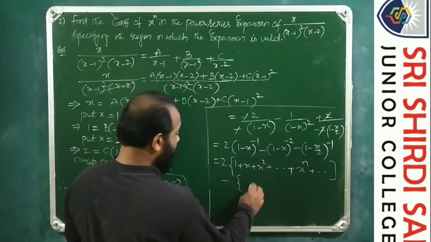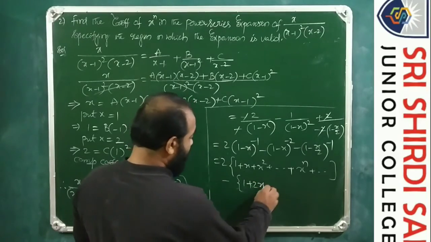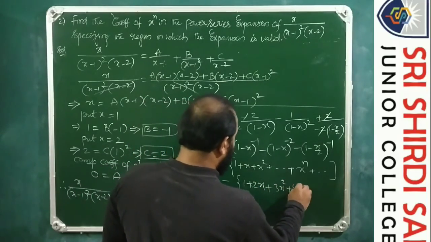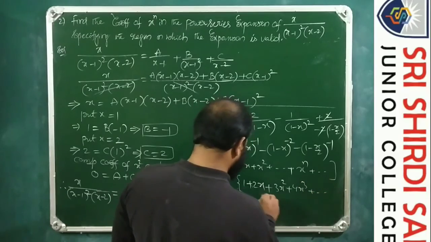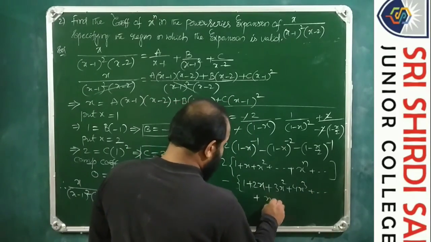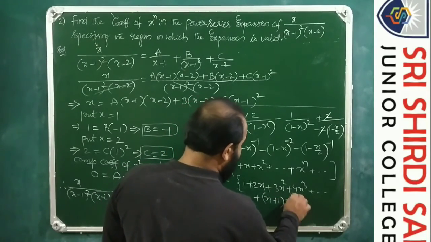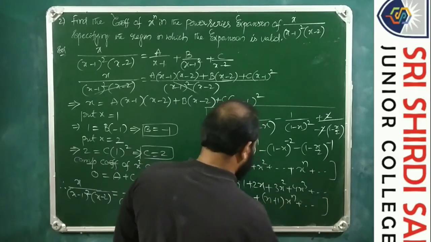Minus, this is 1 plus 2x plus 3x square plus 4x cube plus etc., plus n plus 1 into x power n, and so on.